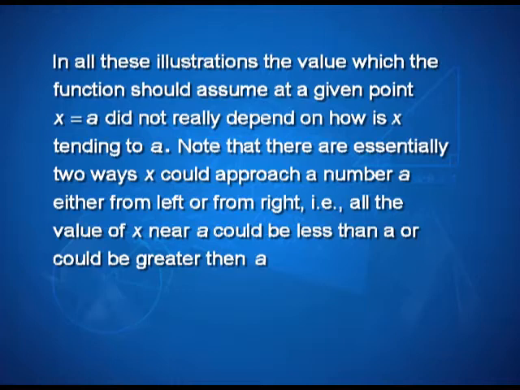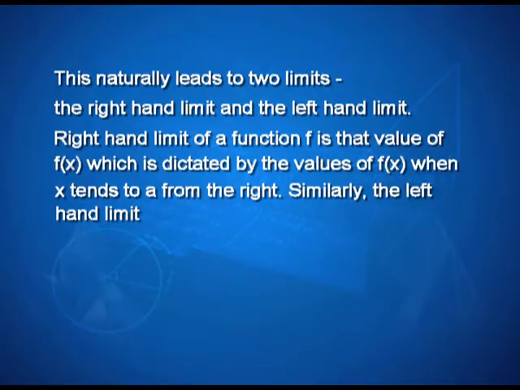Note that there are essentially two ways x can approach a number a, either from the left or from the right. That is, all the values of x near a could be less than a or could be greater than a. This naturally leads to two limits, the right hand limit and the left hand limit.